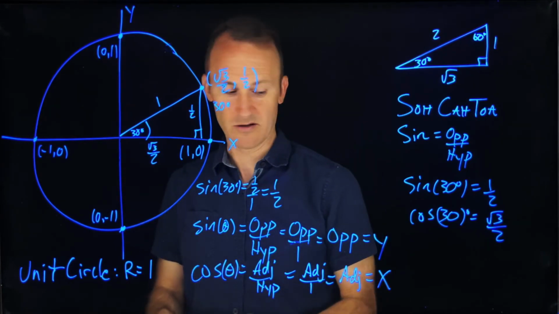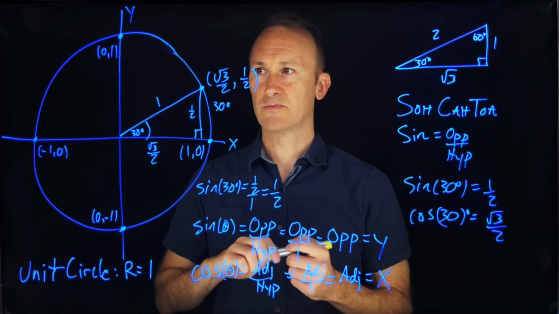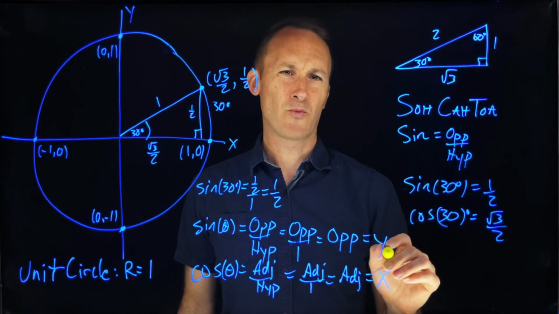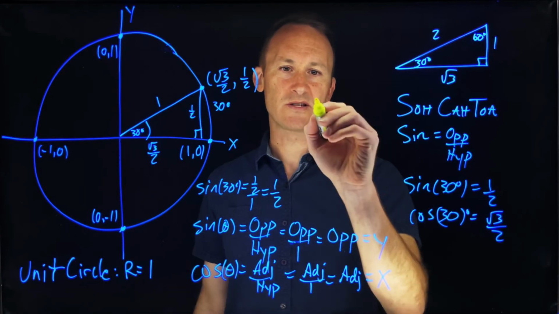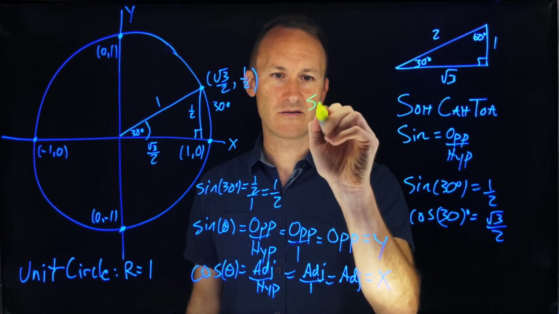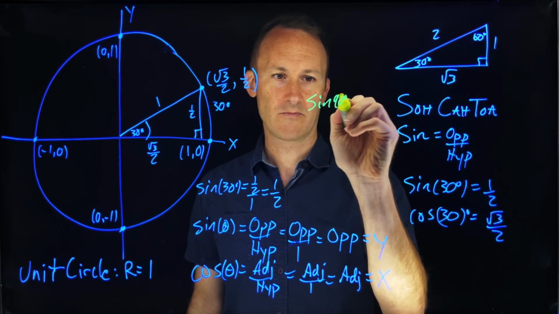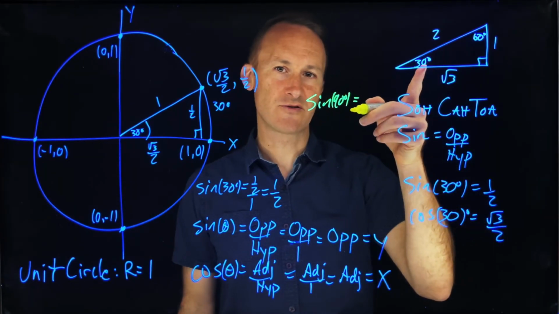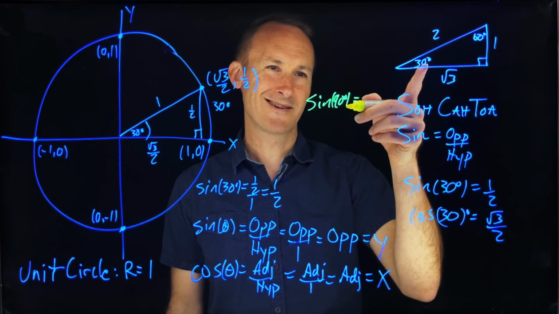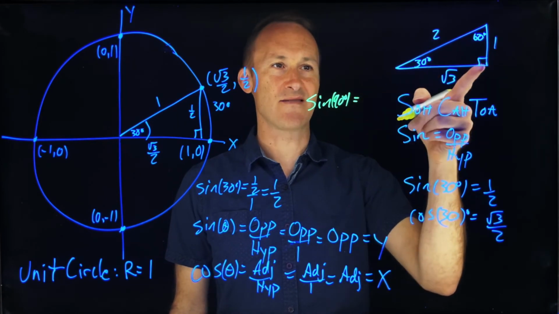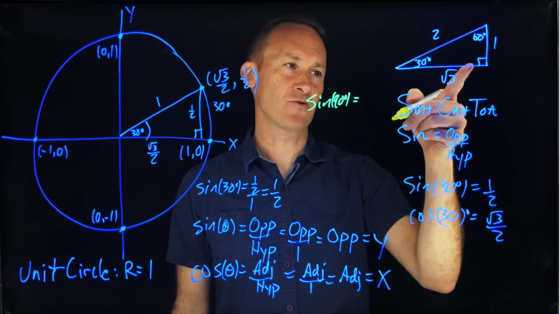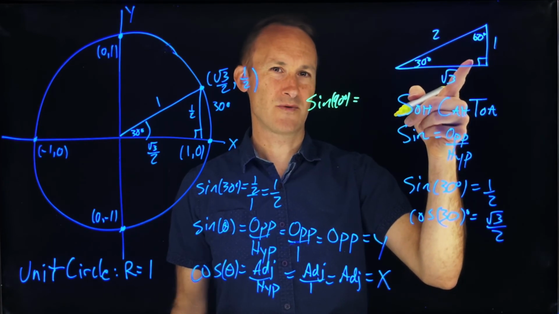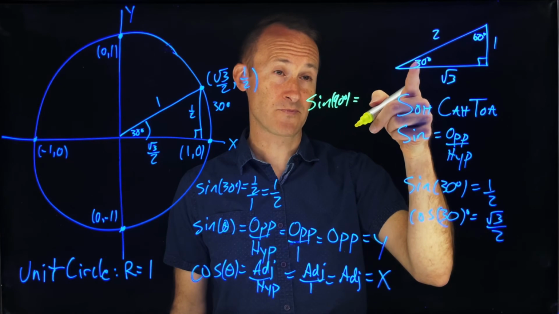Let's just consider some other sine values here. What if I ask you to tell me what is the sine of 90 degrees? Well, you can't actually do this from a right triangle, because it can't be the angle in the corner; it's talking about this angle.